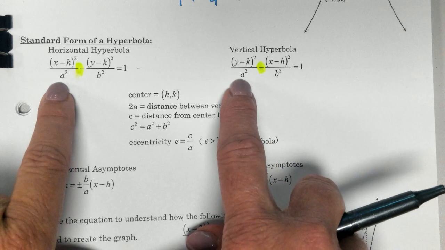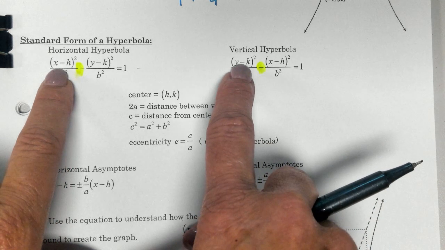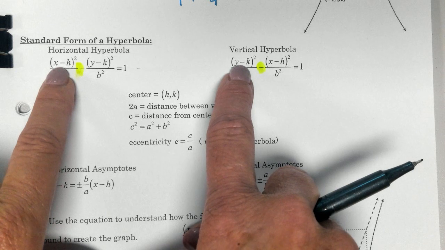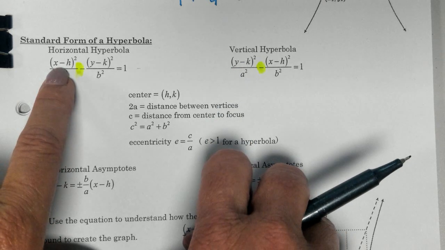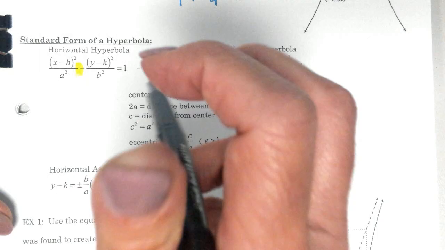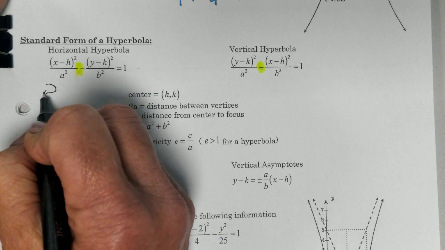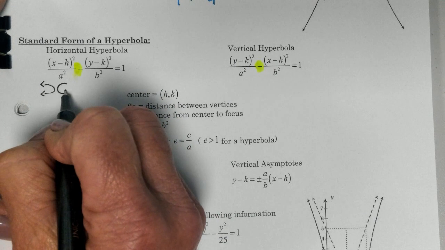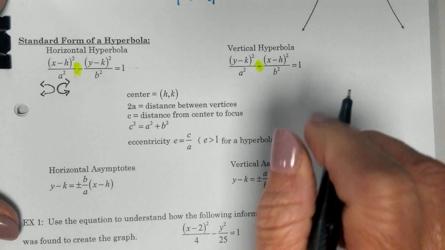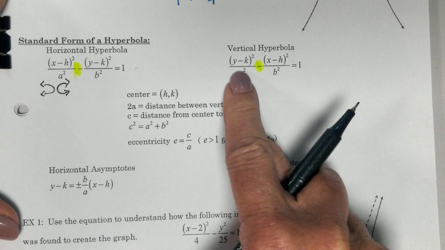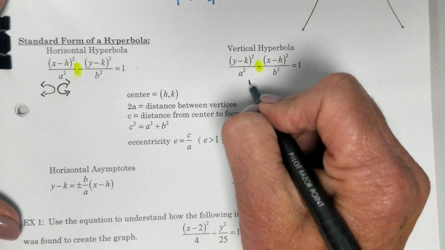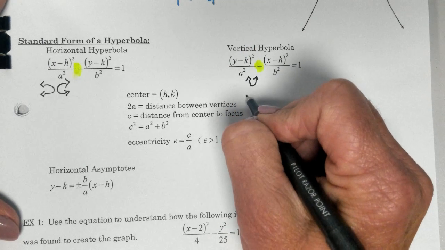It's always the one under the first variable represented first. If the x is represented first, it's going to be horizontal, meaning we're opening up horizontally. If y is first, it's going to be a vertical hyperbola, which means we're opening up vertically.